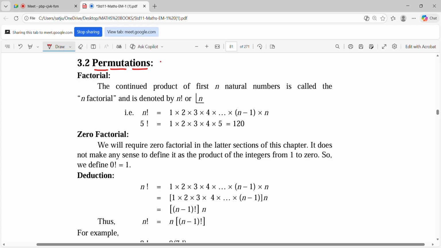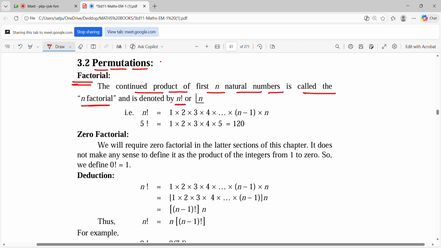The first thing here is that in order to find out the permutation, you need to know about the factorial. Since the factorial concept is very important, even in the number system you use the factorial. A factorial is nothing but the continued product of the first n natural numbers, called n factorial, denoted by n factorial.